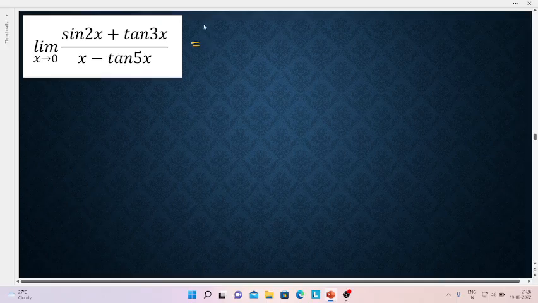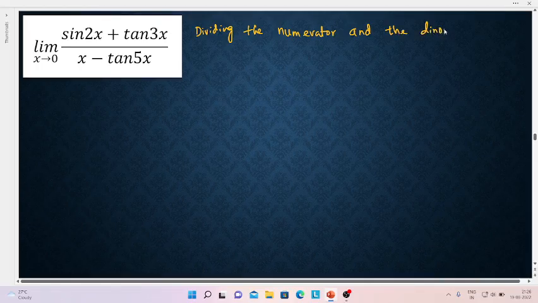So the basic thing is dividing the numerator and the denominator by x, right?